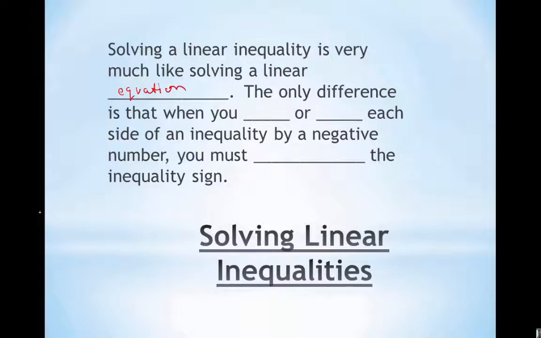The only difference is that when you multiply or divide each side of the inequality by a negative number, and I want you guys to highlight that, you must do what to the inequality sign? Flip it. Yep. Flip it or reverse it. Same thing. I usually use the word flip. Okay? So it changes direction.